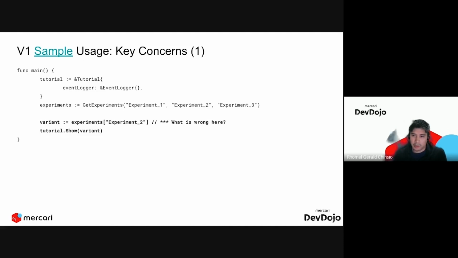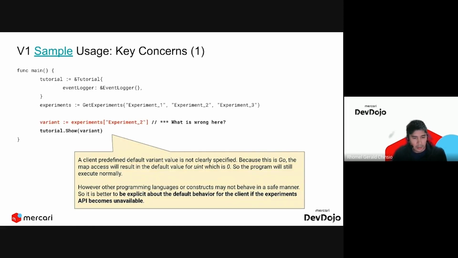Now we're getting closer. This is the issue: what if our API or backend is down? What should happen? How should your client interpret that?